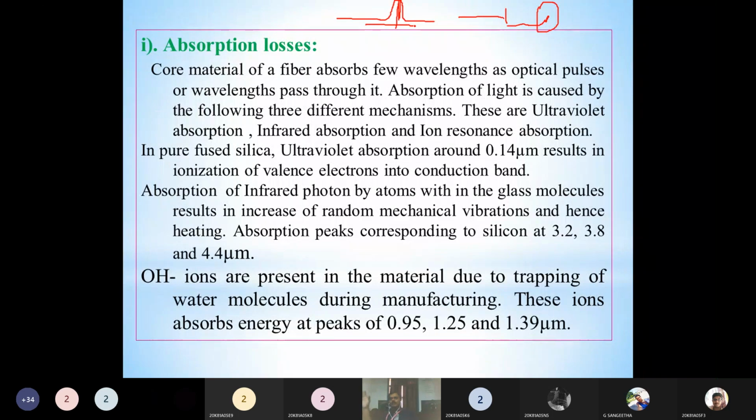So many vibrations and rotations will be there. If any incident frequency matches those frequencies, absorption takes place. Due to that reason, light is absorbed by the materials.